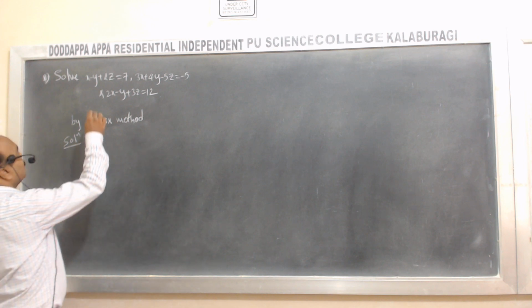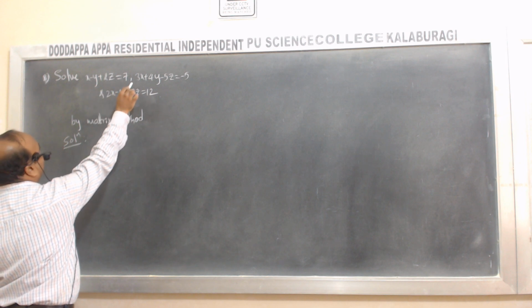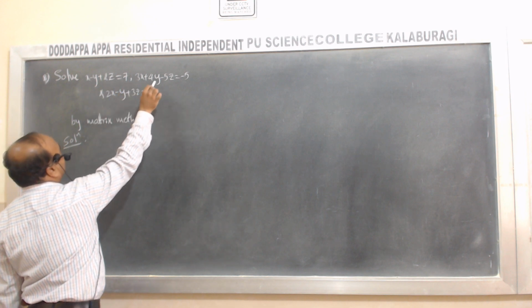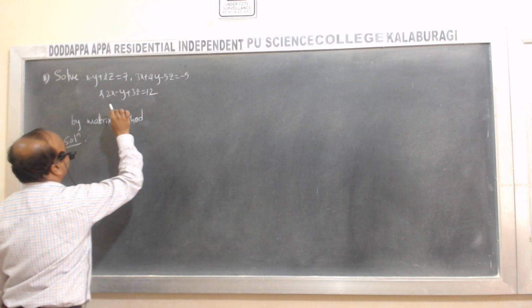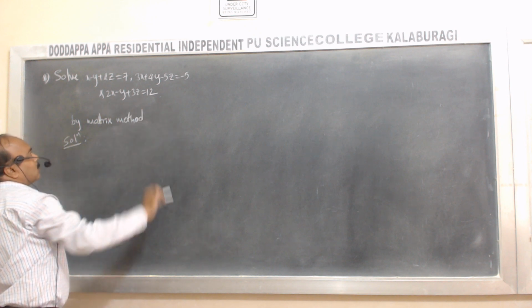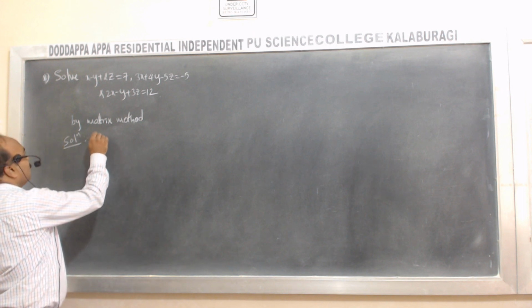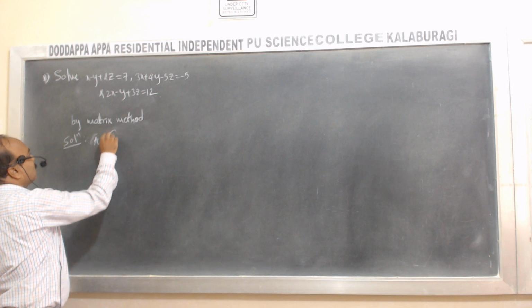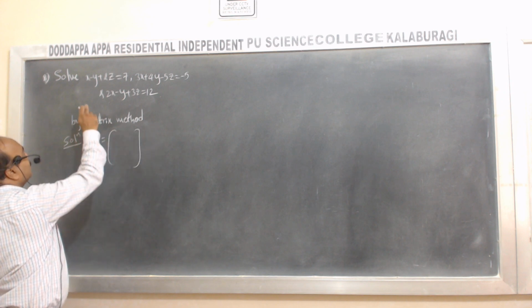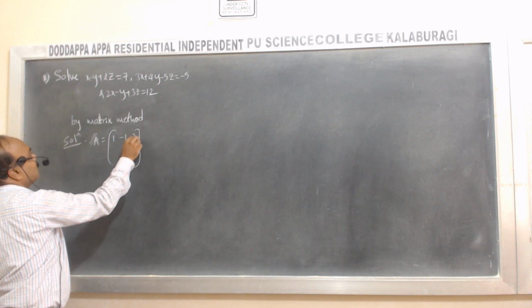Here the first equation is x minus y plus 2z equal to 7, 3x plus 4y minus 5z equal to minus 5, 2x minus y plus 3z equal to 12. You can solve by this matrix method. First we go for three matrices. The first matrix A has first row 1 minus 1 2.